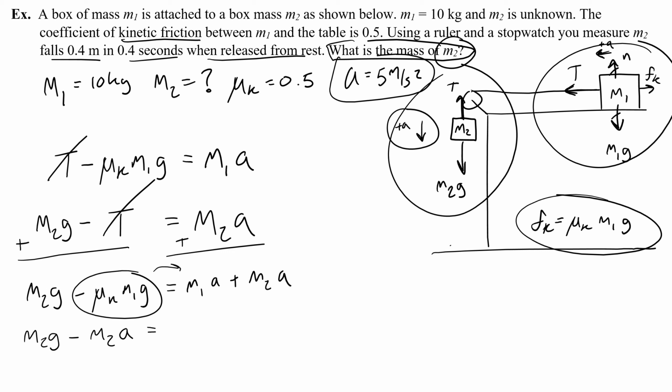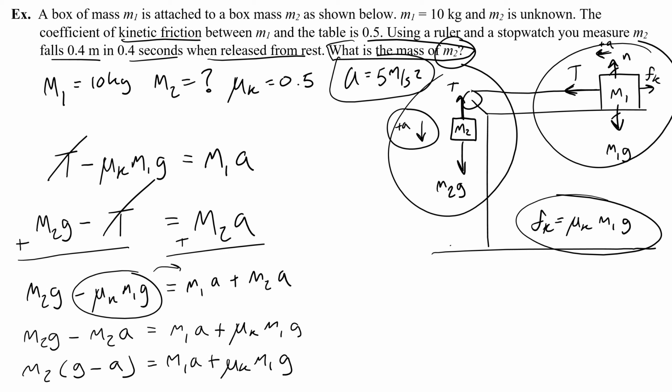So I get m1a plus mu k m1g. Now on the left side, I can factor out m2. I'll have m2 times g minus a. And I can take this g minus a and divide the left and the right side by it.